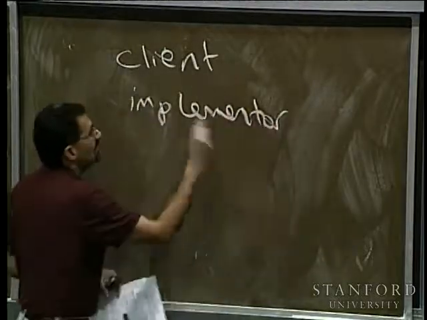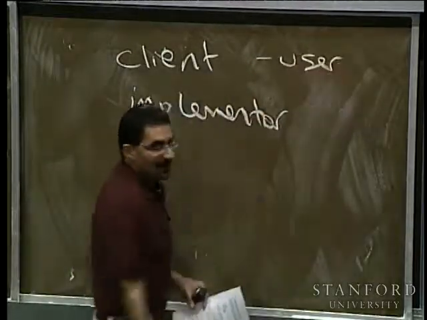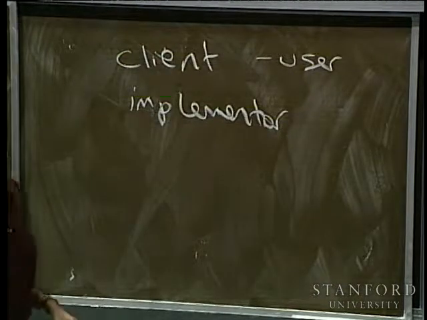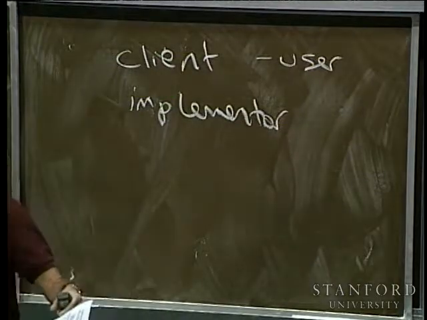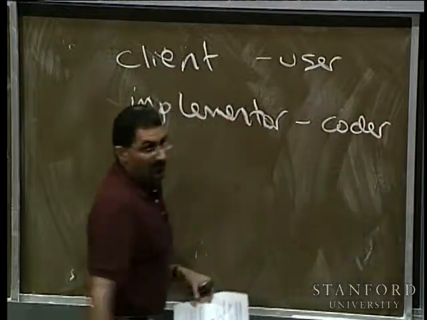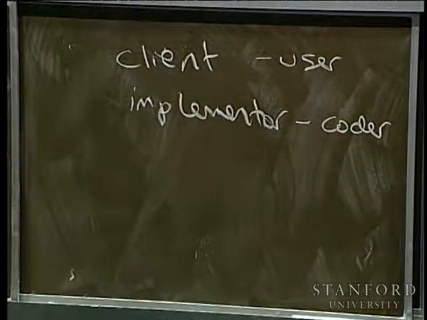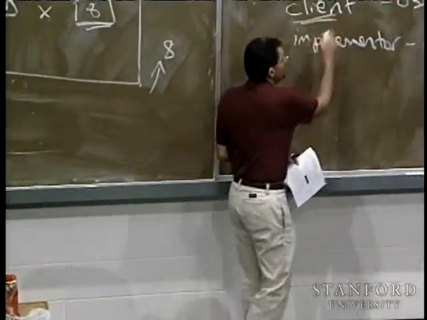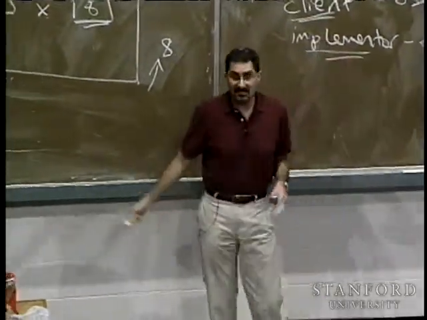The client of the class is basically the user of the class. So when you use the ACM libraries and you use readInt, you are a client of readInt. When you write your own class and you write all the code inside that class and say what that class is going to do, you are the implementer. That's the difference. Okay? It's an important distinction to know, because so far you've been doing a lot of this, and you're going to be moving to doing this pretty soon.